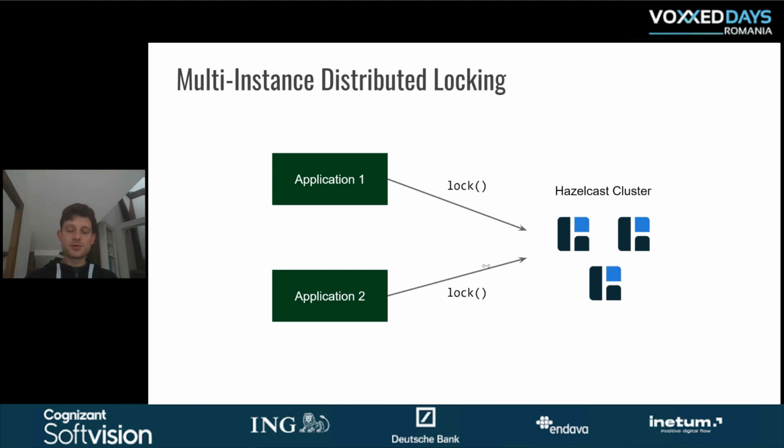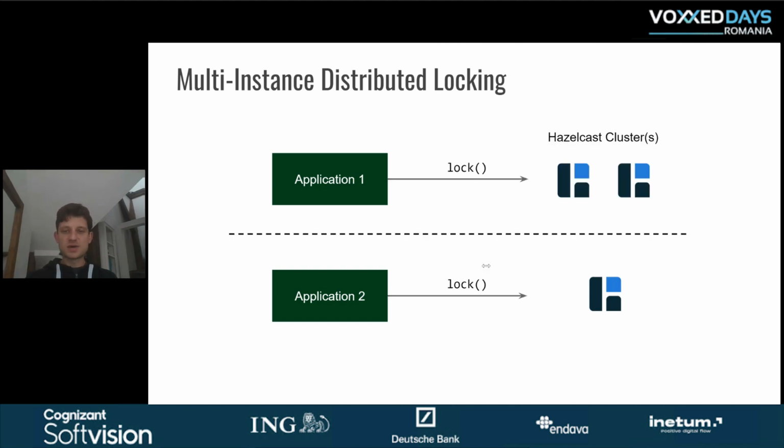However, we can have another problem. What would happen if we have no crash, but just network partitioning? And even worse, if one application is in one network partition and another application is in another network partition, then they can both acquire the lock at the same time.